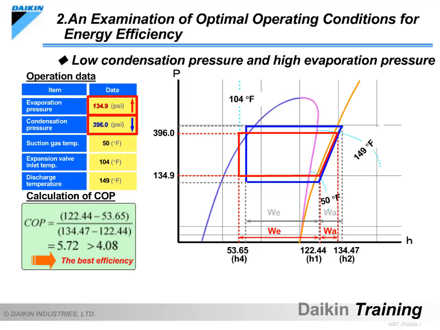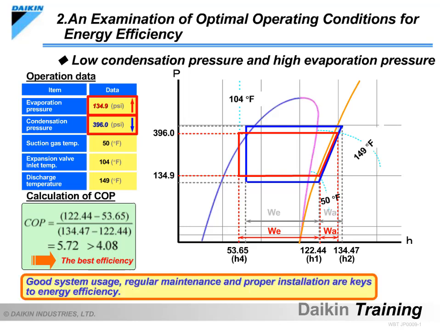In other words, the optimal operating condition for energy efficiency features a lower compression work and a higher refrigerating effect. Therefore, it is important to install properly, maintain regularly, and make careful considerations when using air conditioning equipment.